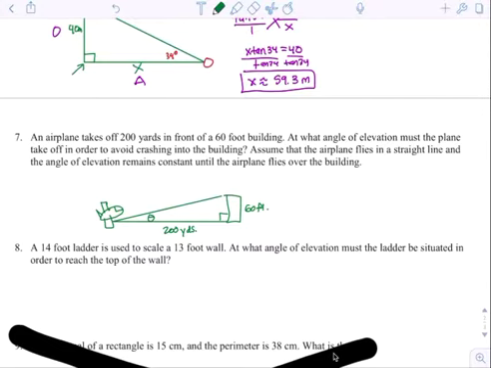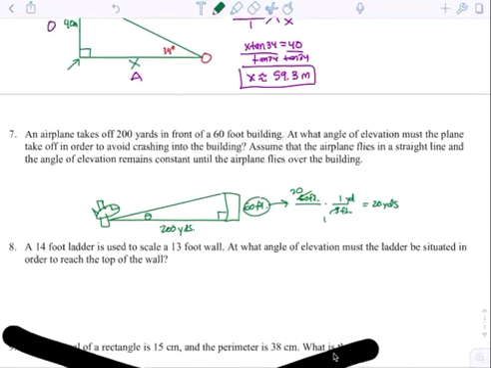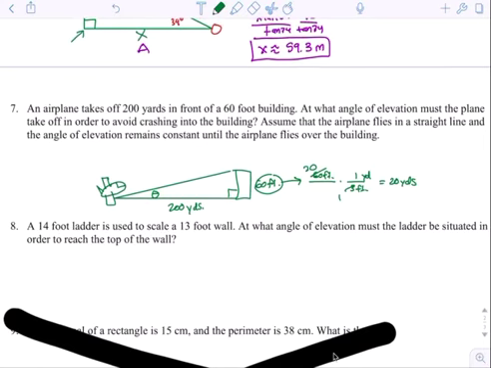Since we know that 3 feet are in 1 yard, let's just change this to be yards. So 60 feet times there's 3 feet in 1 yard. So 60 divided by 3, 20. So we know this is going to be 20 yards. So I just converted it to yards, and now let's find our angle.